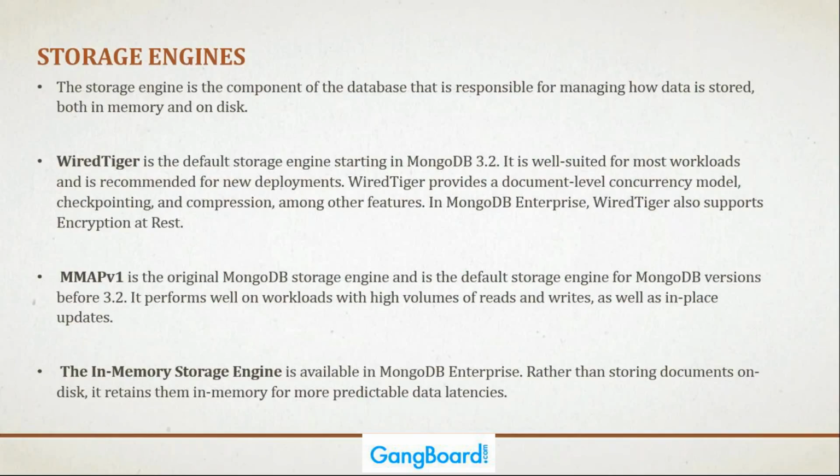For example, we had one database of around 600 MB. No, I think it's 6 GB. It is a very small database, and it was on version 2.6. We upgraded to 3.0 with MMAPv1. Again, we upgraded to 3.2 with WiredTiger as the default storage engine.